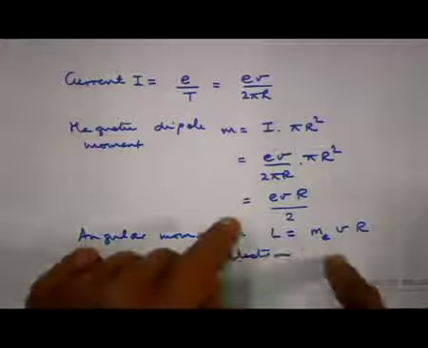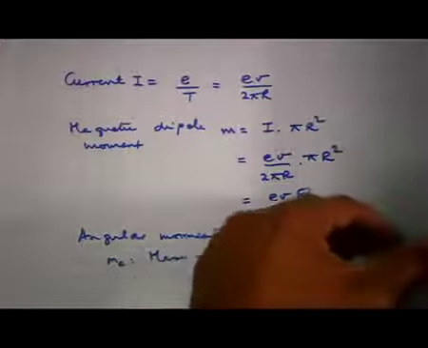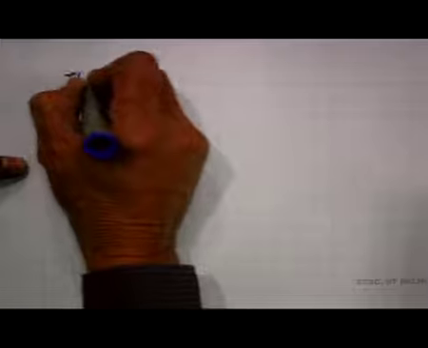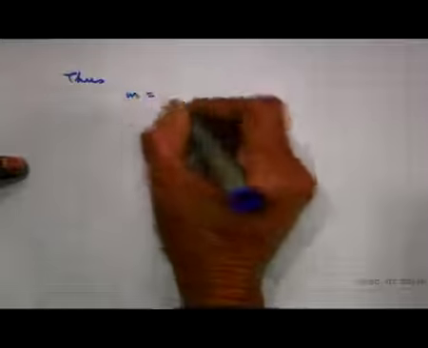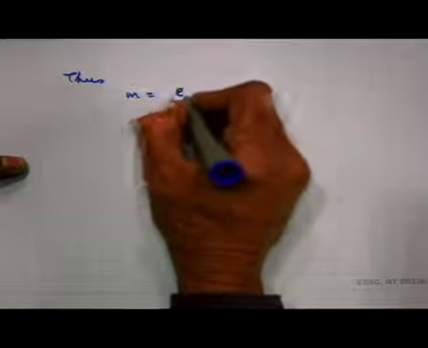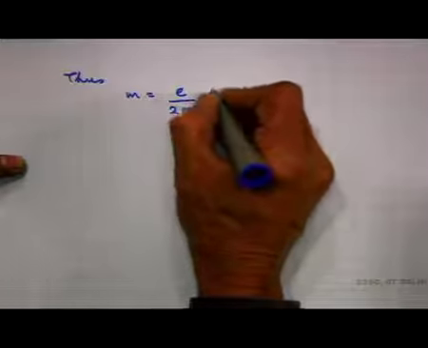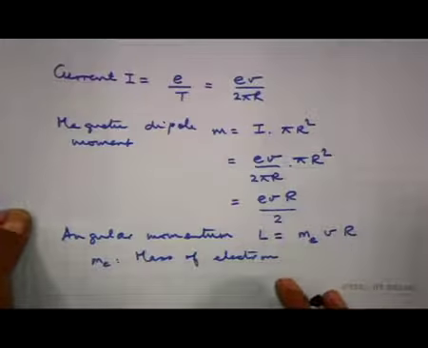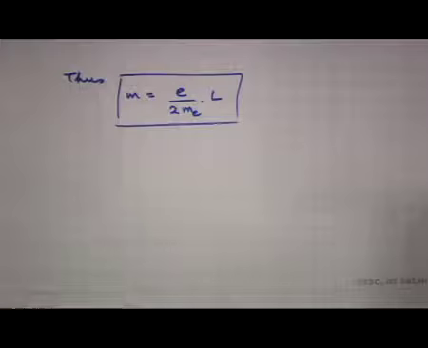So, I can use these two equations to write a relationship between dipole moment and angular momentum. So, m is equal to E by 2 me times L. I have replaced v r by L by me, and I get E by 2 me into L.